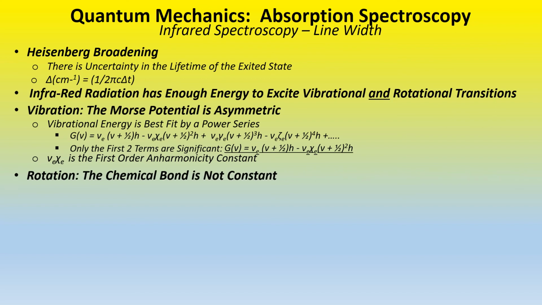But while the molecule is rotating, the bond is also vibrating, which means the length of the chemical bond is not constant. If you recall, the rotational constant for any bond is proportional to 1 over r. However, that radius changes continually during vibration because the bond is not rigid.